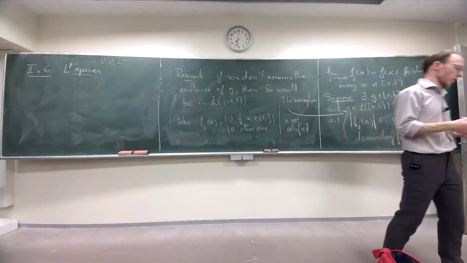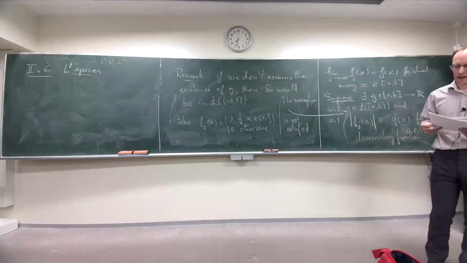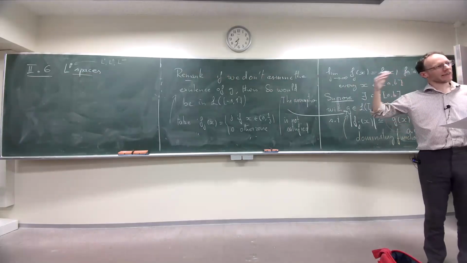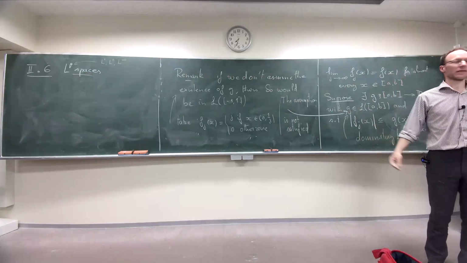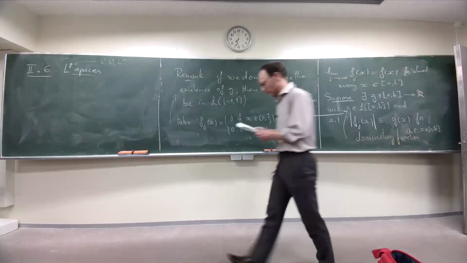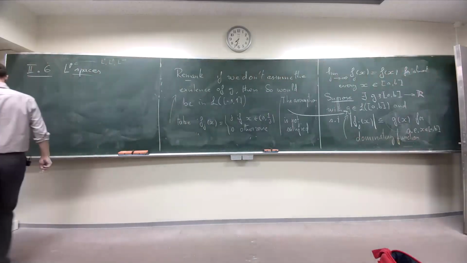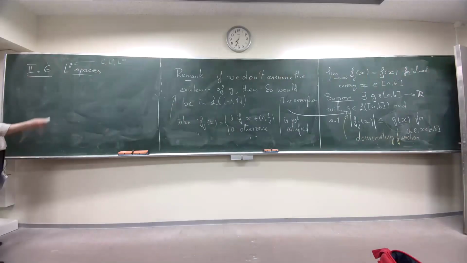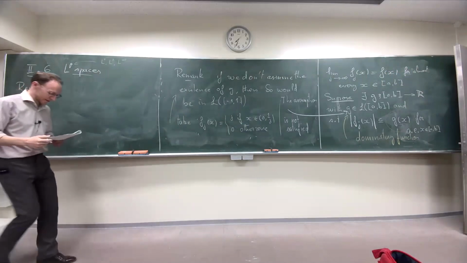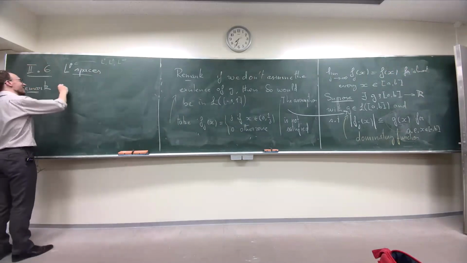L1, I already mentioned it. I mentioned L1 loc, and I said we are going to come back to this during this chapter. Okay, but I want to extend what we have done. So now I'm going more or less to do some blah, blah for 15 minutes.